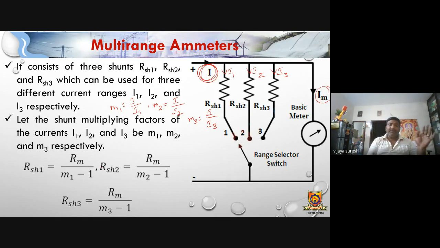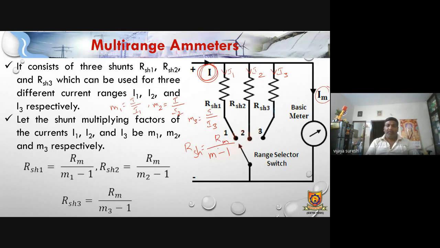From the expression we have already gone through, RSH equal to Rm, the meter resistance, divided by M minus 1. Now instead of RSH, we have RSH1, RSH2 and RSH3, three resistors. We are going to measure three different ranges of currents, I1, I2 and I3, so three different multiplication factors M1, M2, M3 are obtained.